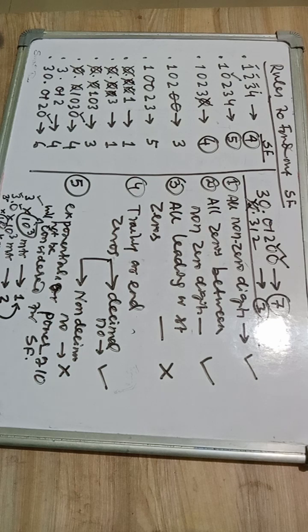Here 3 kilometer equal to 3 into 10 to the power 3 meter. In both cases, the significant figure is 1. This significant figure is considered by this digit 3 only.